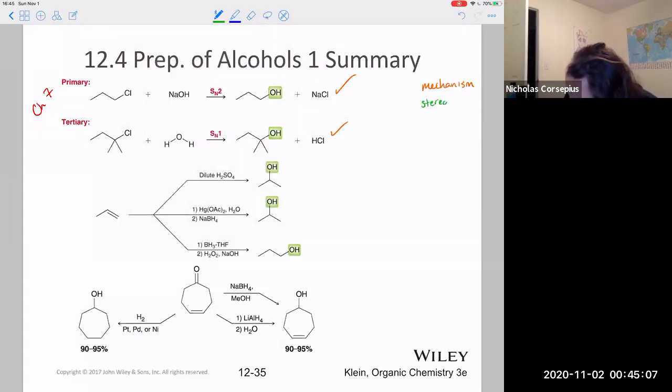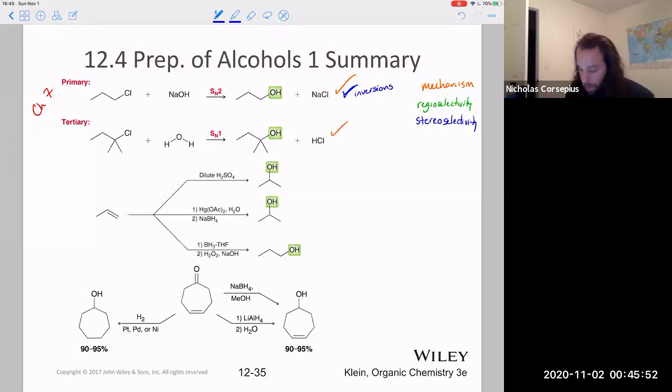In terms of regioselectivity, it's always just going to be a substitution, so there aren't any regioselectivity concerns. And then in terms of stereoselectivity, we have to be very concerned about that with the SN2 reactions, right? These have inversions in stereochemistry. Whereas with tertiary alkyl halides, SN1 reactions are non-stereospecific.